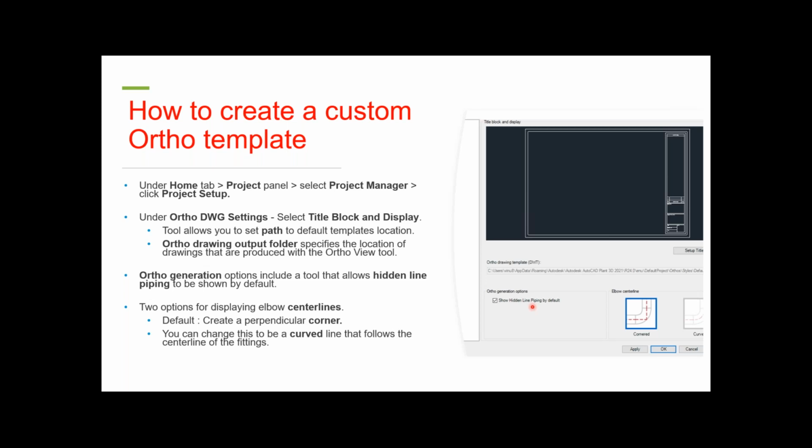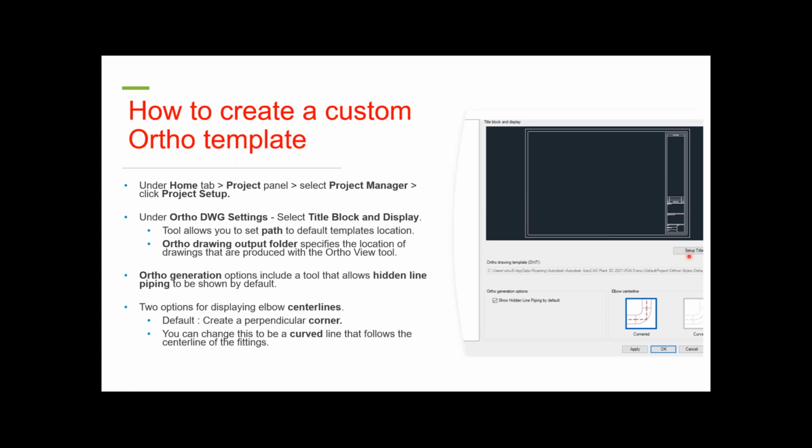And after that, if you want to configure your ortho setup further, then you can click the setup title block tool here. That allows you to edit how your ortho display needs to be. And when you edit that, you can control what the default path of your templates needs to be, and what the default path for your ortho output needs to be.